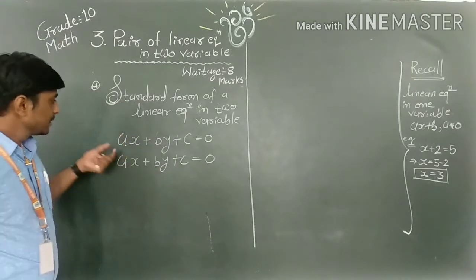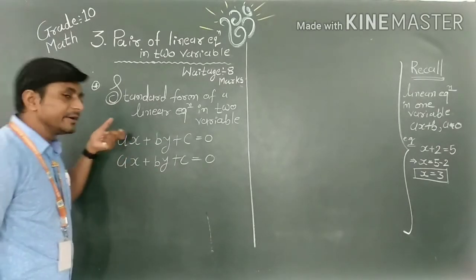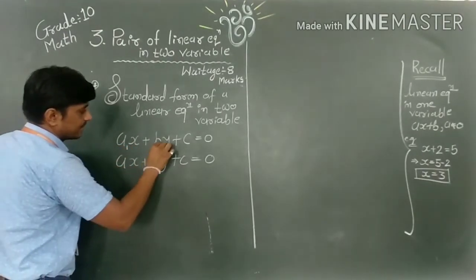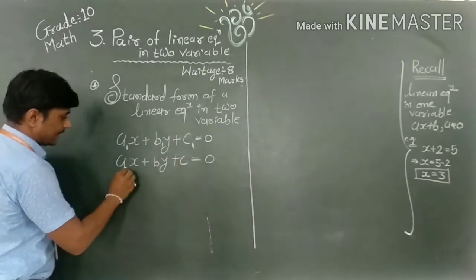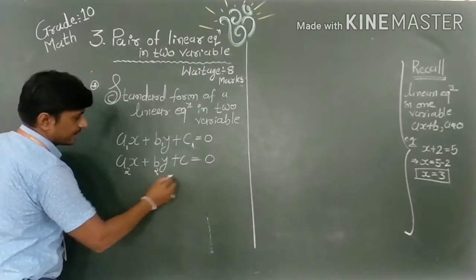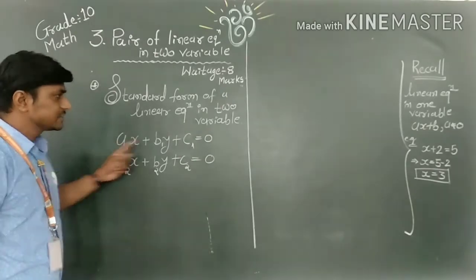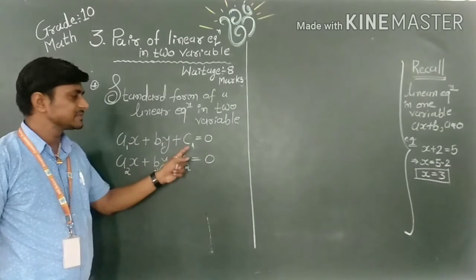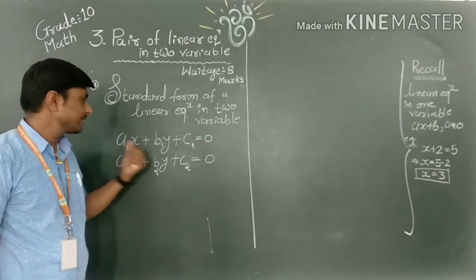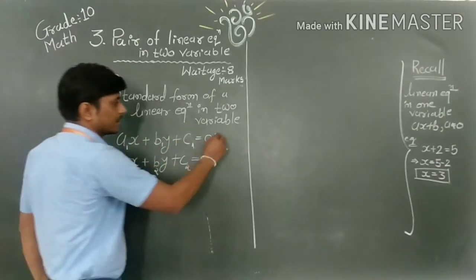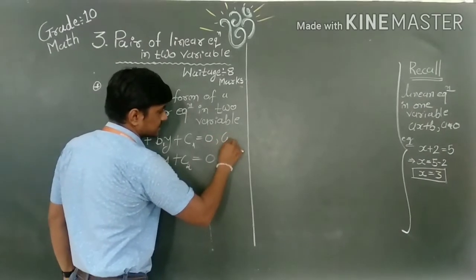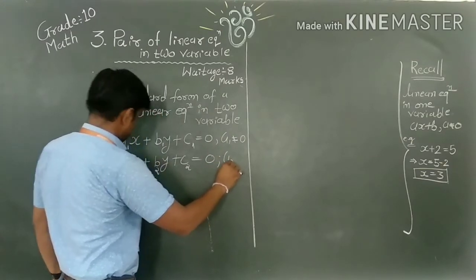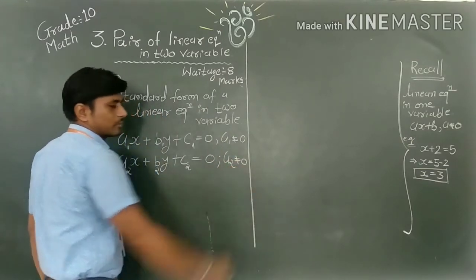Therefore, if we need different equations, we write a1x plus b1y plus c1 equal to 0 and a2x plus b2y plus c2 equal to 0, where a1 is not 0, a2 is not 0, and a1, b1, c1 are constants, or you can say a1, b1, c1 belong to R. Here you have to compulsorily write a1 is not equal to 0 and a2 is not equal to 0.